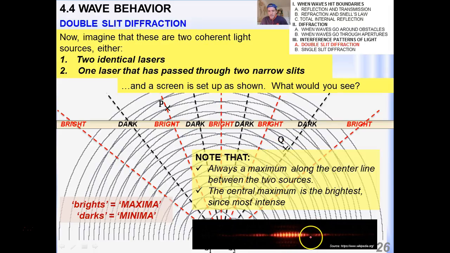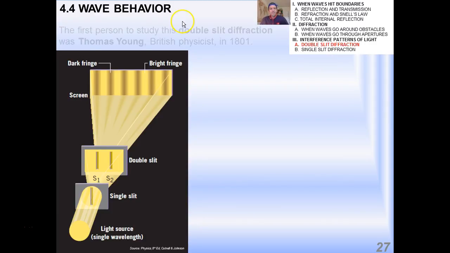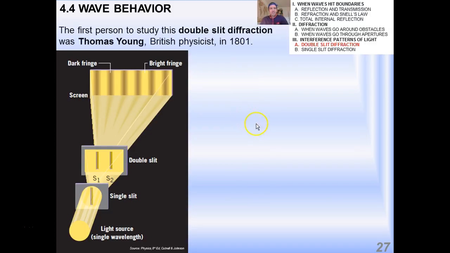Don't worry about the dark areas here and why there's a bright and then a dark set. We're going to study those later as a higher level topic in topic 9. The first person to study this phenomenon was Thomas Young, a British physicist in 1801, and he did a very famous experiment which is now called Young's double slit experiment.